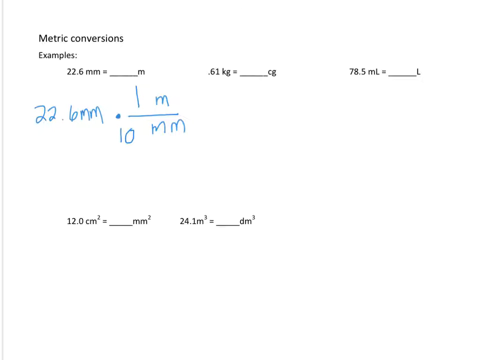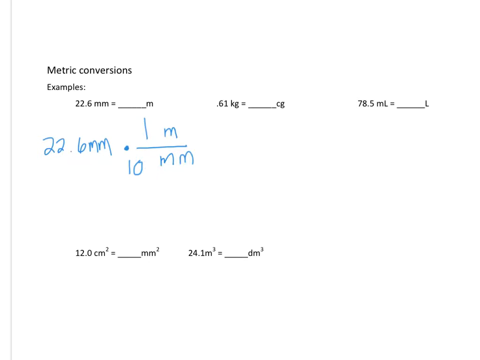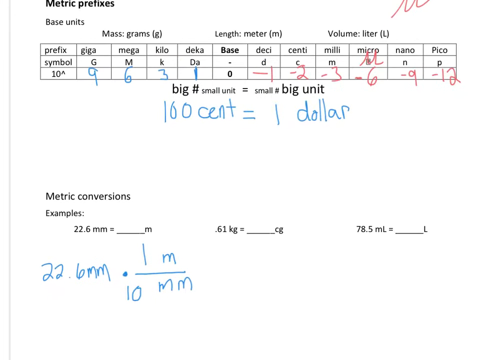To figure out what that power is, you look at your table and compare your prefixes. So I'm going to look at the table real quick. Meter doesn't have a prefix, so that means it's a base. It's right there.